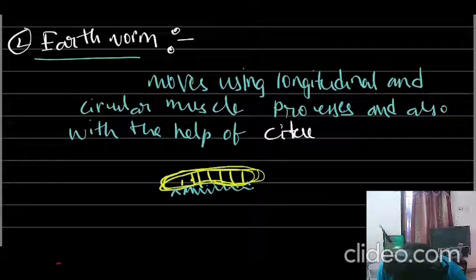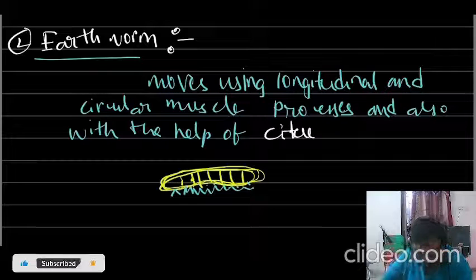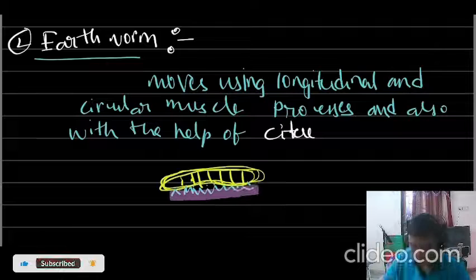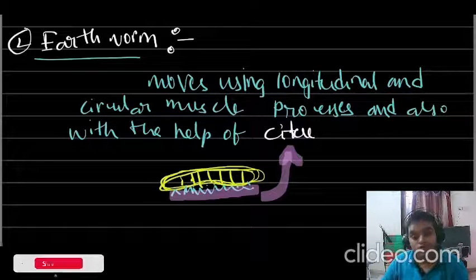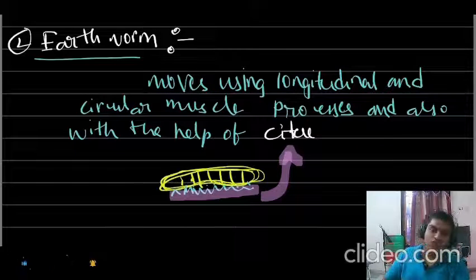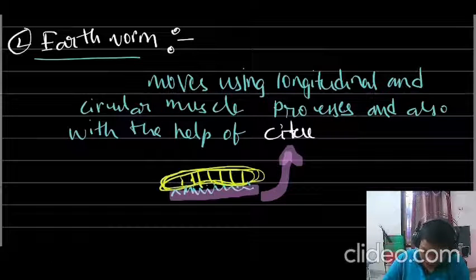Earthworm has divisions in the body. So these highlighted ones are setae. Remember that. Okay, that is the movement shown by earthworm. It moves using the setae and also by longitudinal and circular muscle processes.